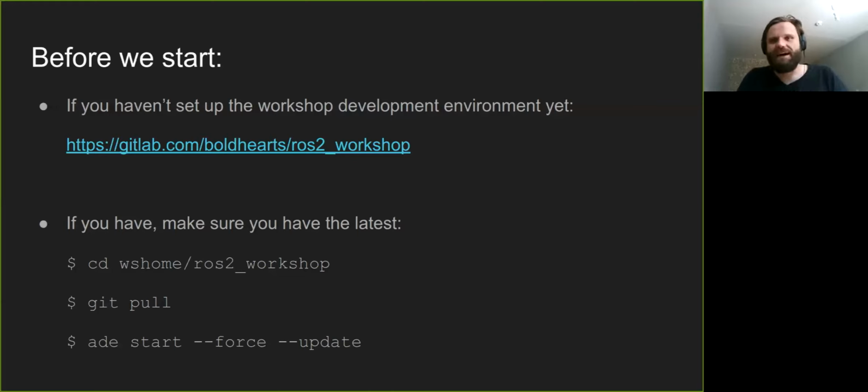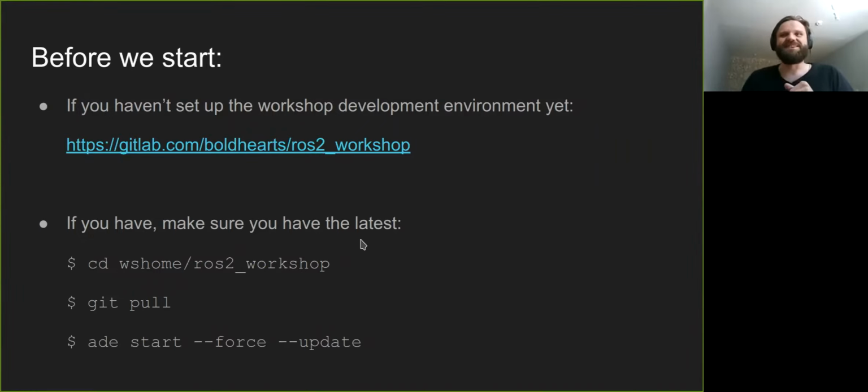Before we start, you can use the time while I am talking to update whatever you have set up already. You can find all the parts of the workshop here at Bold Hearts, ROS2_workshop. There's an initial setup you obviously all did already, and to make it very RoboCup-like, we have done some last-minute changes.